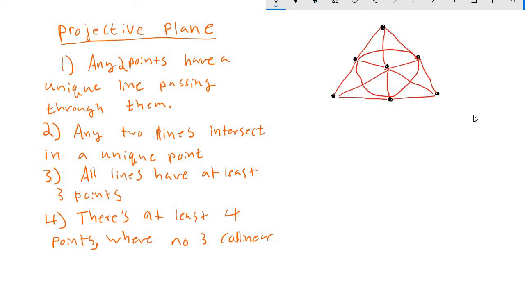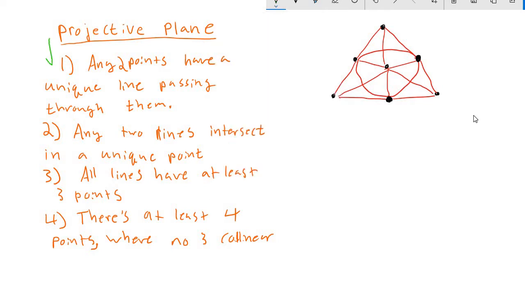Well, any 2 points have a unique line passing through them. So certainly if you take any 2 points, you will be able to find a line and exactly one line. Remember, this circle is counting as a line for us in this geometry. So for instance, this point at the bottom and this point at the side here, they have exactly one line passing through both of them, and that's this circular line.